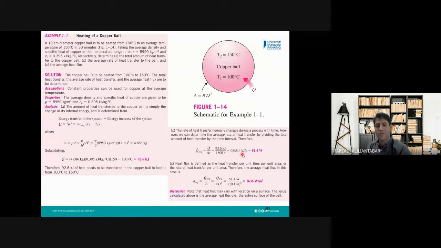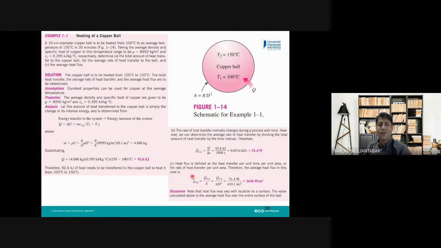Then we can calculate by this equation the Q dot average, or average heat transfer rate. Again, be careful with the unit, which is 0.0514 kilojoule per second, or simply 51.4 watt is the average rate of heat transfer for this heating process.